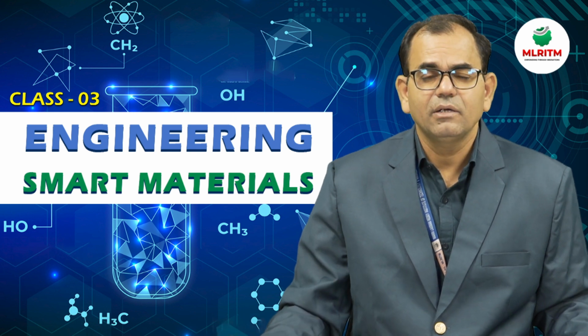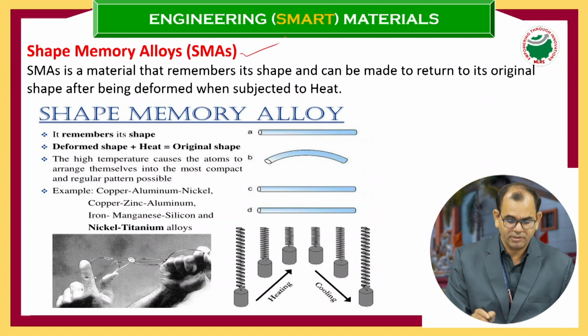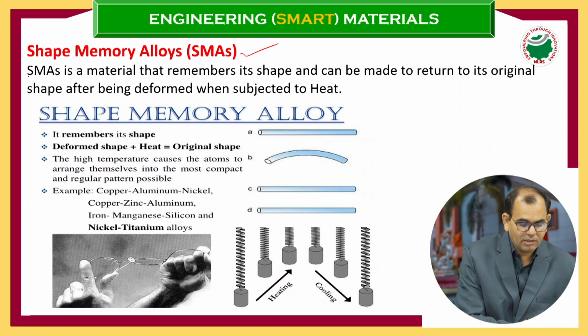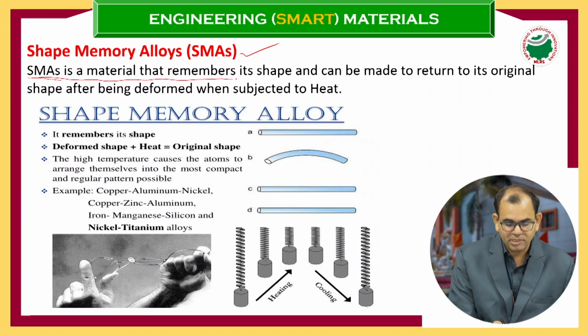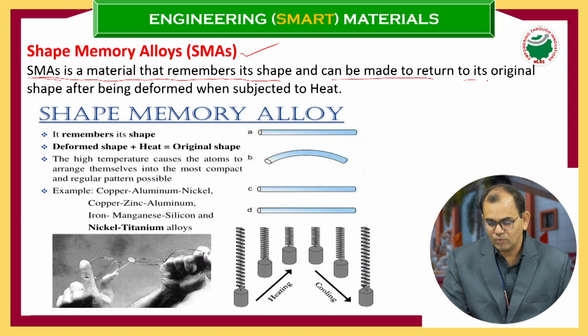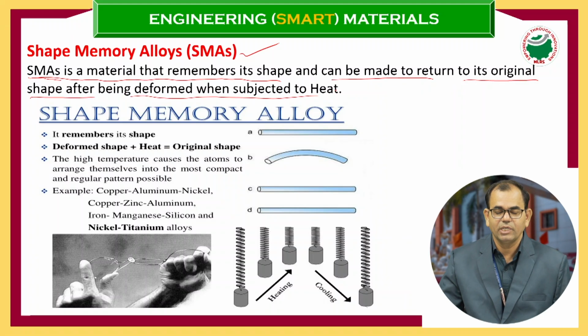Now let us see shape memory alloys, which is SMA, which is part of smart materials. Basically, a shape memory alloy is a material that remembers its shape and can be made to return to its original shape after being deformed when subjected to heat.